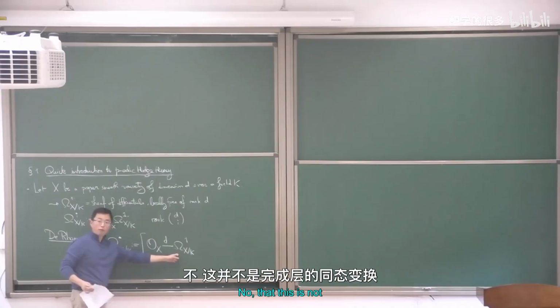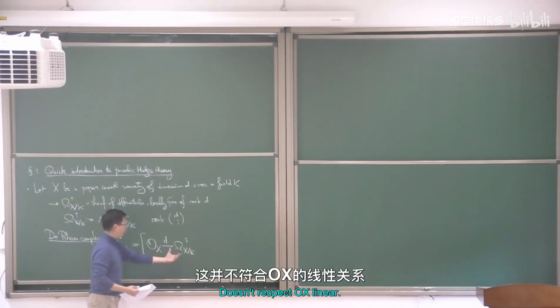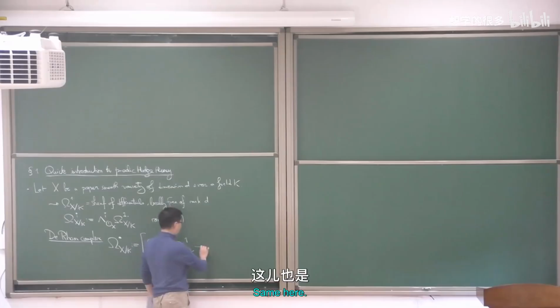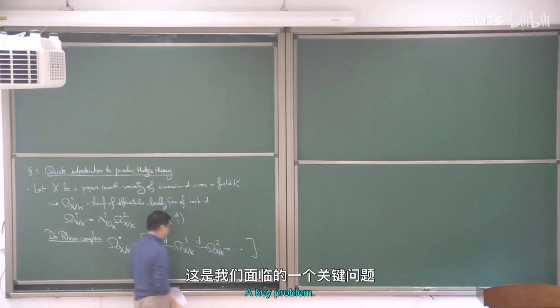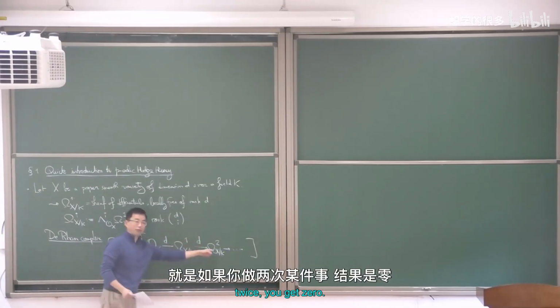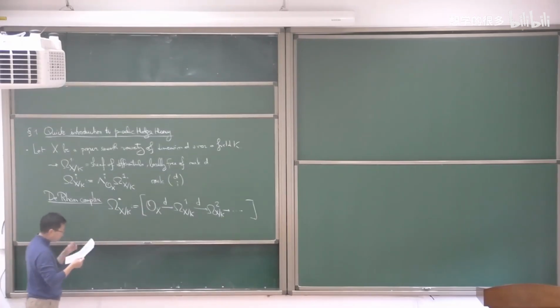Note that this is not a homomorphism of coherent sheaves. This is just a morphism of sheaves, which doesn't respect the O_X-linear structure. Same here, we can continue on. A key property is that if you do something twice, you get 0. This is something I probably learned in calculus.